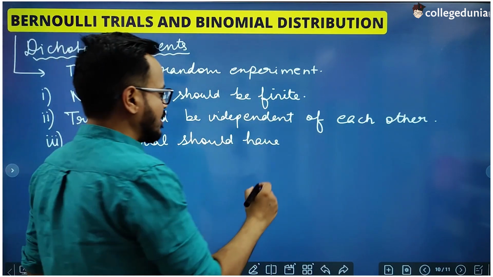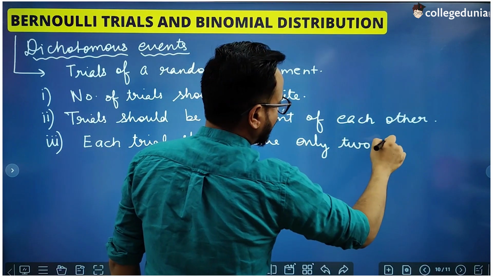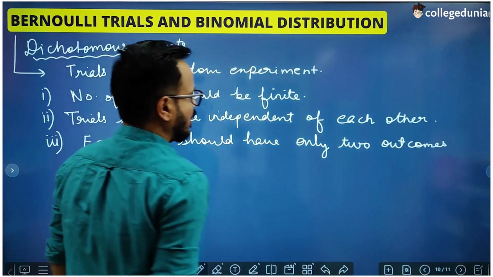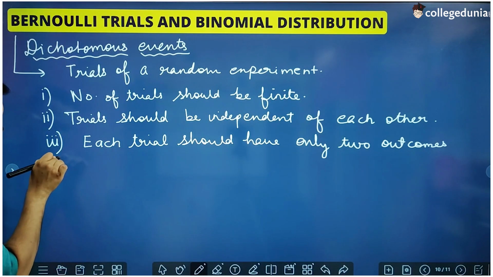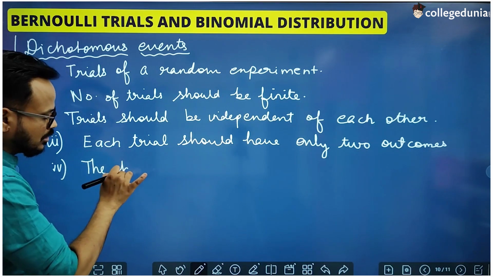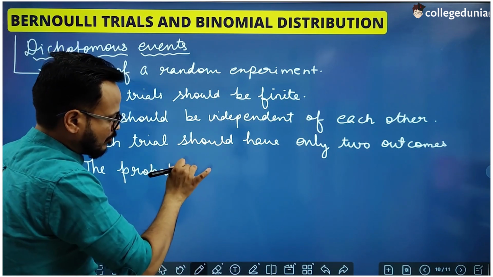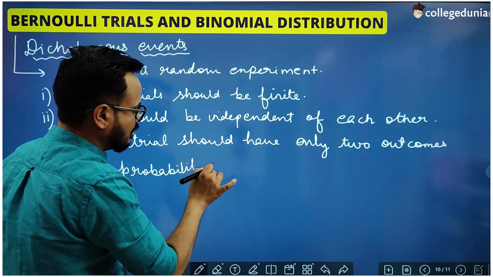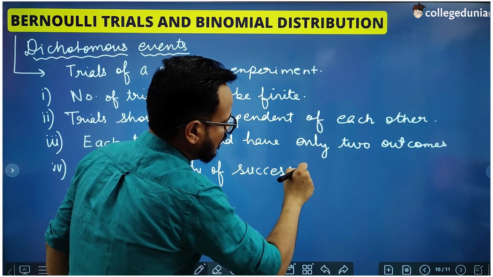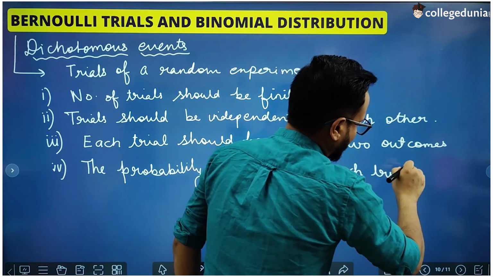The dichotomous thing should have only two outcomes, and number four, the probability of success in each trial should be same.